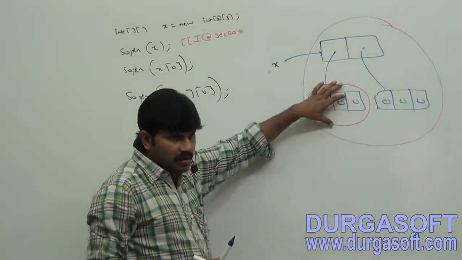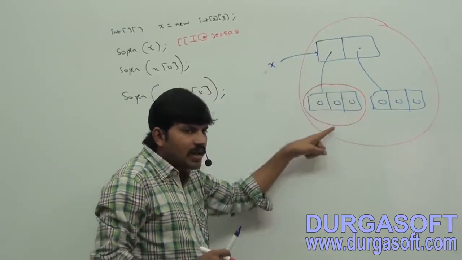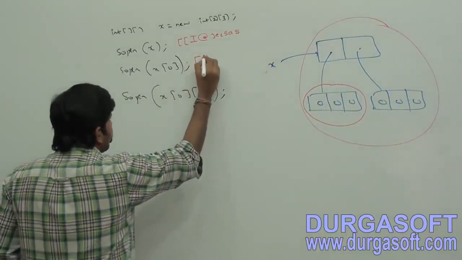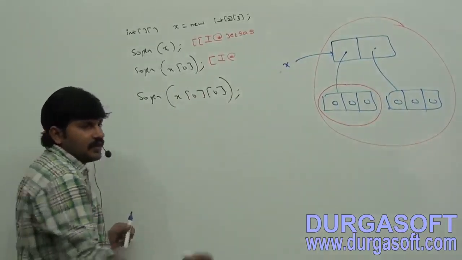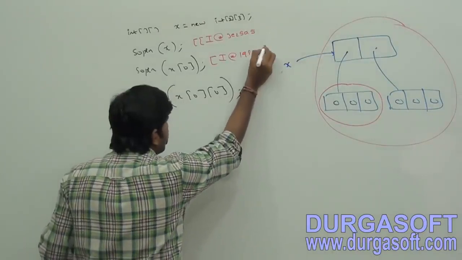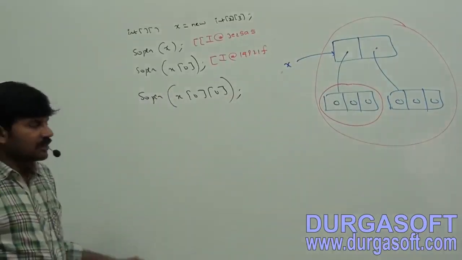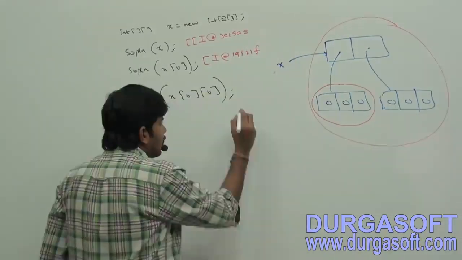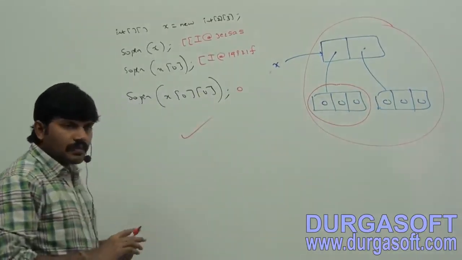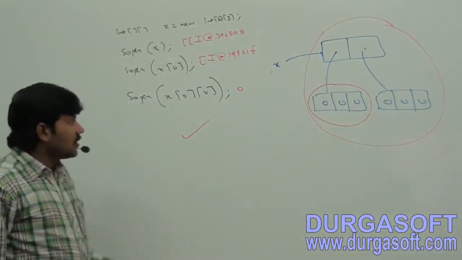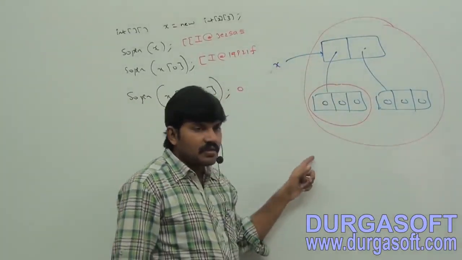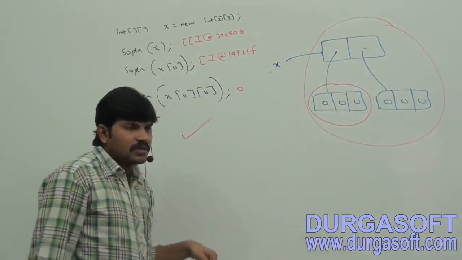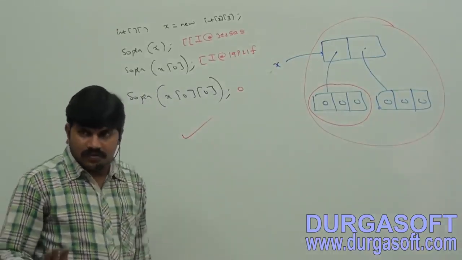This object is there or not? Yes. One dimensional array reference variable, what is the output? Square bracket I at the rate some number like 198.21f. x of 0 0, what is the answer? 0 by default. Are you getting the point, right? x is a reference variable to 2 dimension, x of 0 is a reference variable to 1 dimension, and x of 0 0 is nothing but 0 itself. Clear for all of you, right?